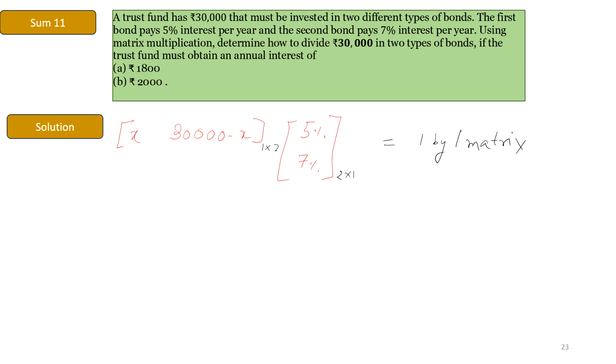We can solve the given problem using matrices by creating two matrices, a 1 by 2 matrix dividing the total amount of 30,000 into two parts, and a 2 by 1 matrix depicting the interest rates.